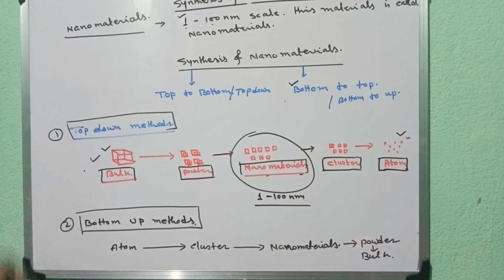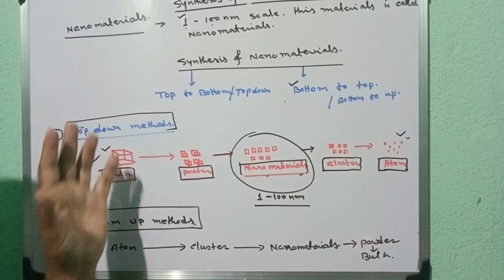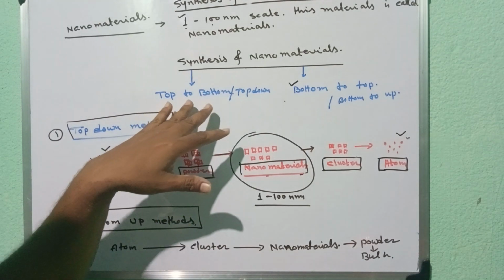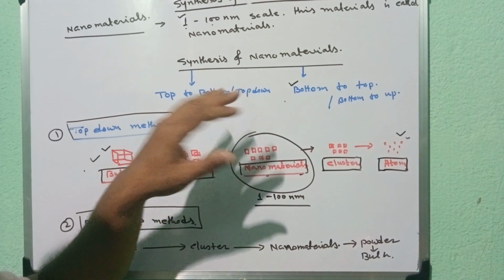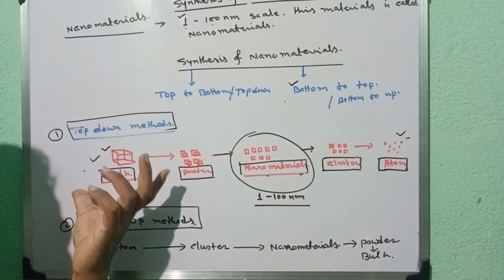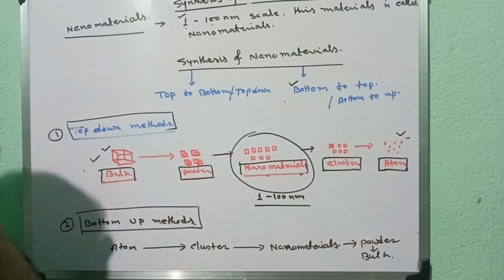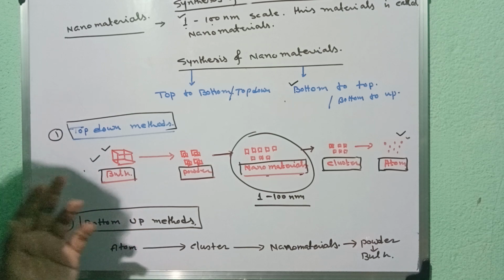So for the synthesis or production of nanomaterial, there are two methods: top to bottom and bottom to top. In top down, the bulk is at the top position and larger in size.